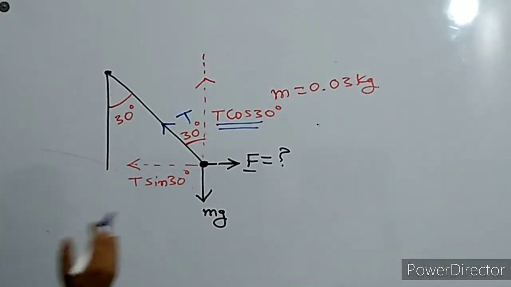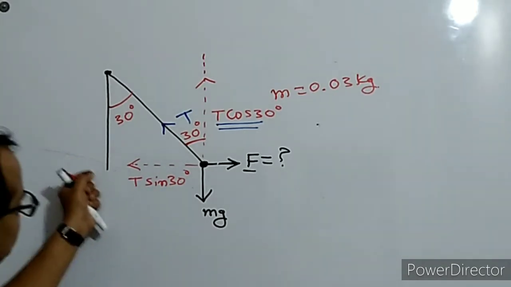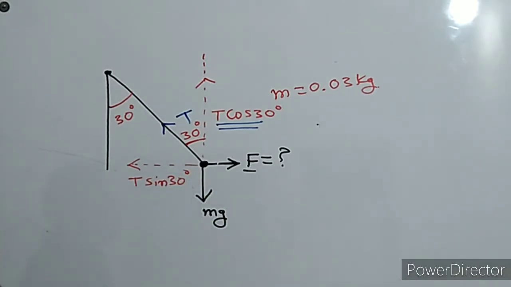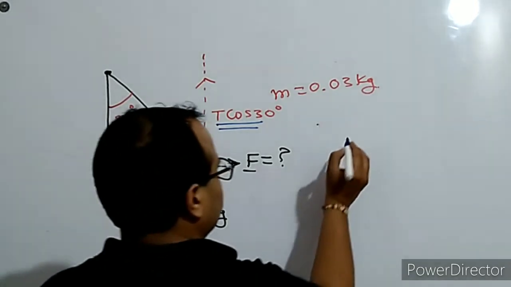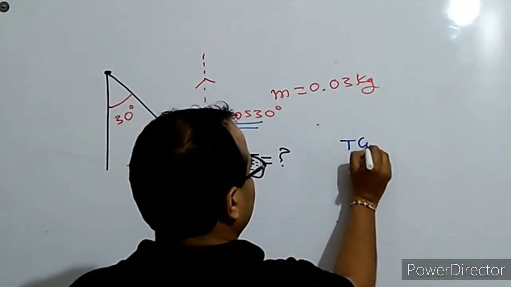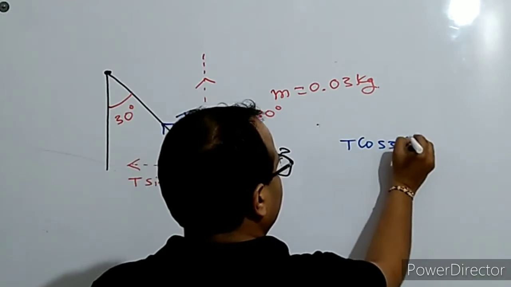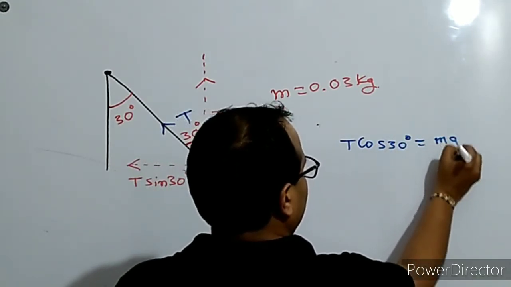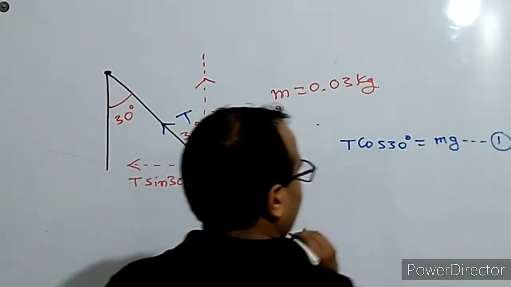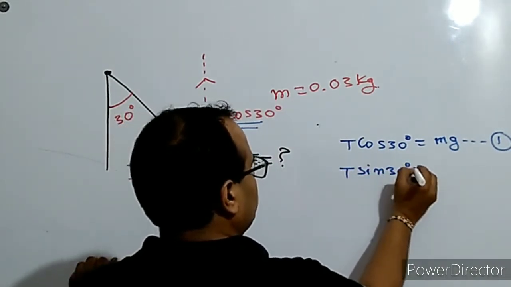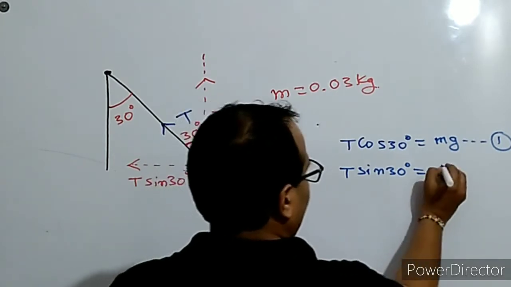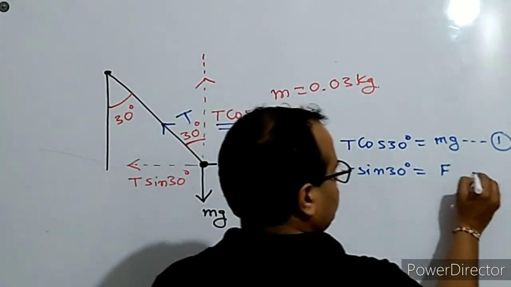Okay, because once it is taken here, now it is in a balanced state. If it is in a balanced state, or in equilibrium, then the vertical forces should be equal to the horizontal forces. What does it mean? It means that T cos 30 degrees must be equal to mg, equation number 1, and T sin 30 degrees must be equal to F. Okay, this is equation number 2.